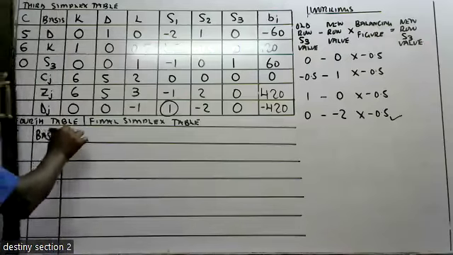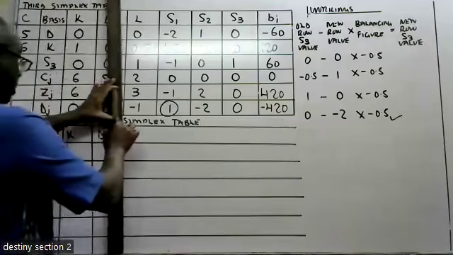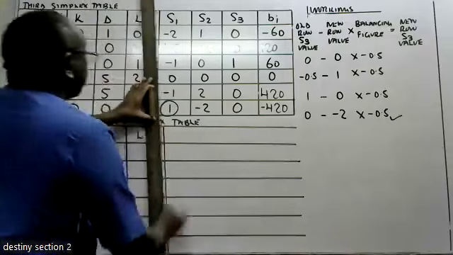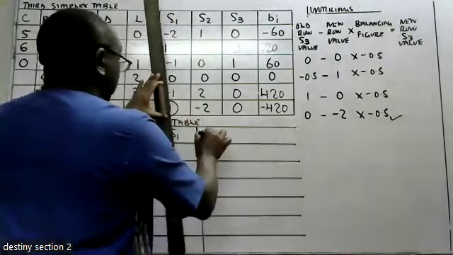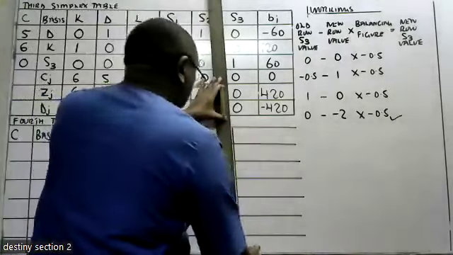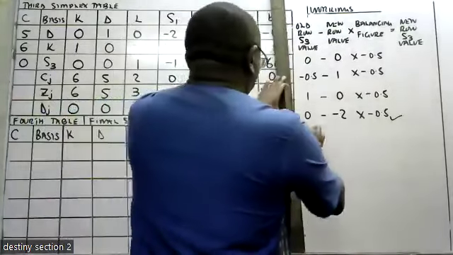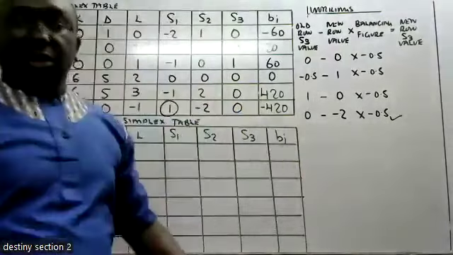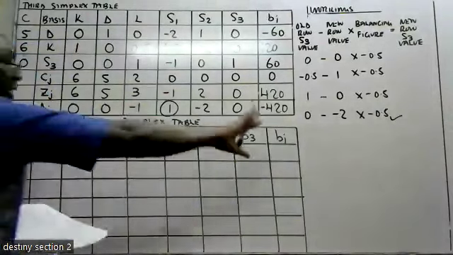So this is K, this is B, this is L, this is S1, this is S2, this is S3, and this is BI. BI is what the examiner there is calling the right hand values.